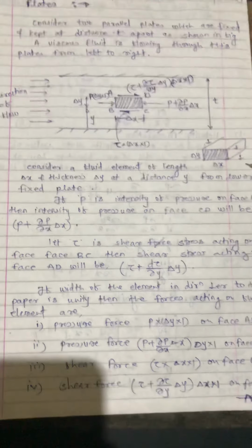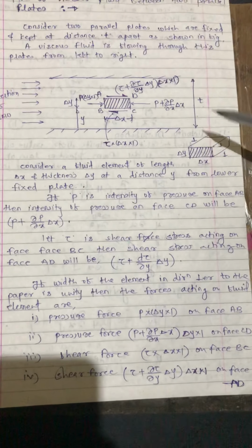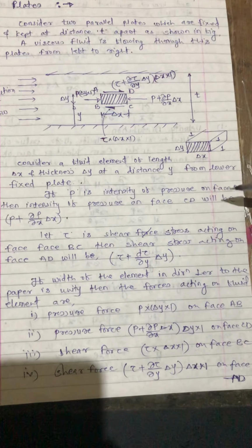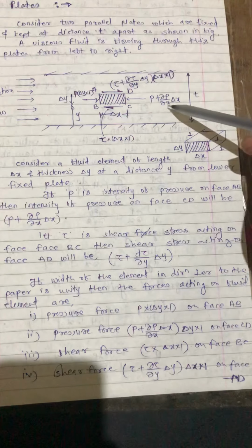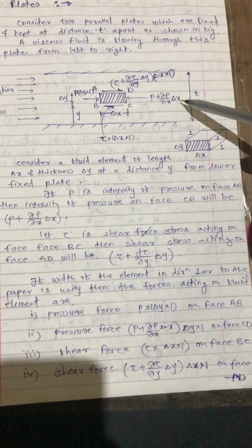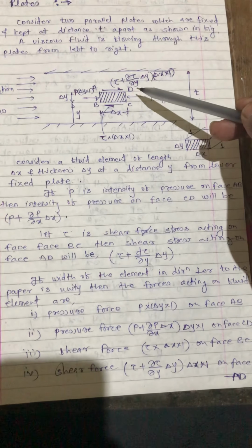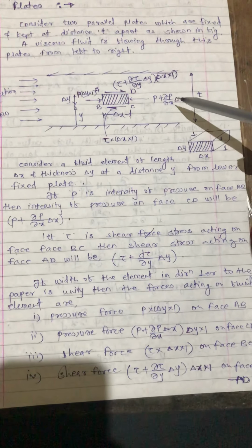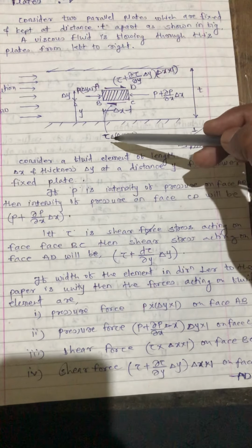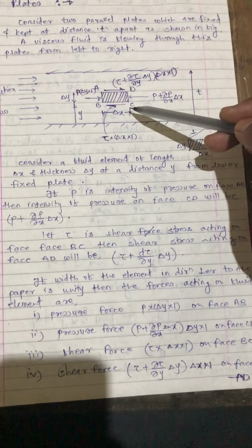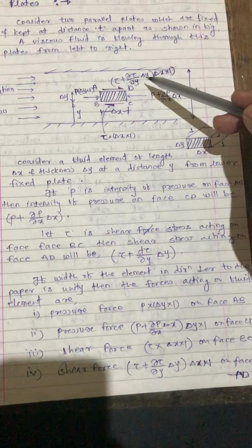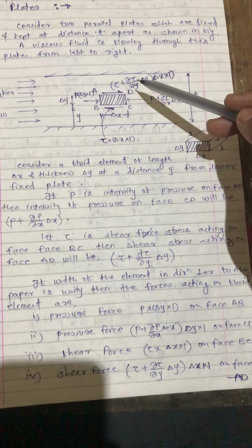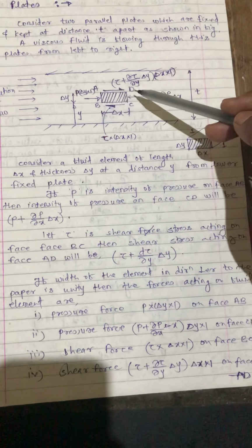Now if P is the intensity of pressure on face AB, then P plus ∂P/∂x into delta x will be the intensity on face CD, as we know from the Taylor series expansion. Similarly, let tau be the shear stress on face BC. Similarly, tau plus dτ/dy into delta y will be the shear stress on face AD.